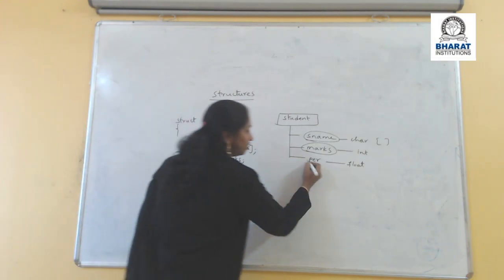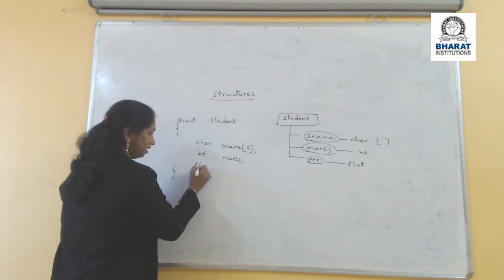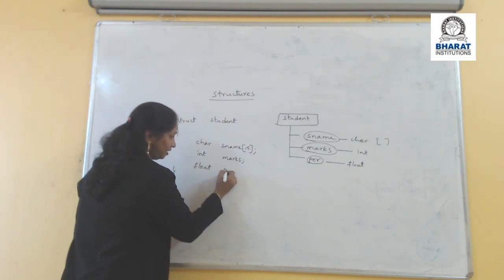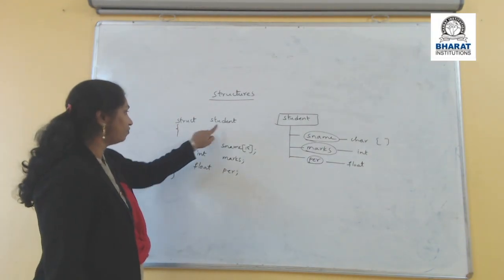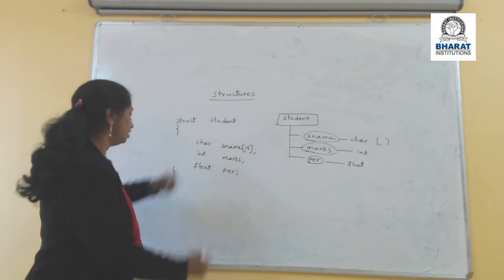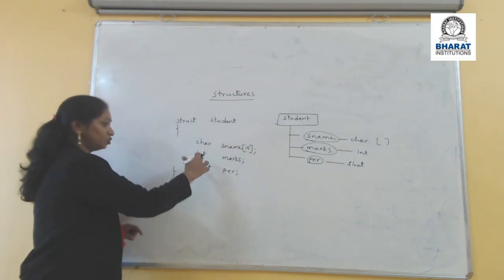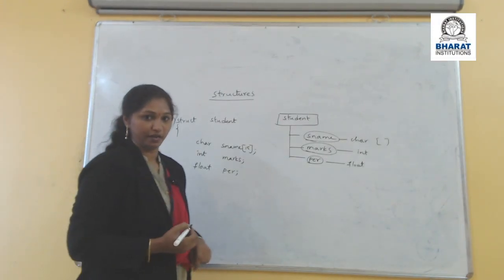Next one is percentage, which is of float type. Let us take float per. This is the example we are creating for the student structure with the help of the struct keyword. Once this declaration is over, we need to end with a semicolon.